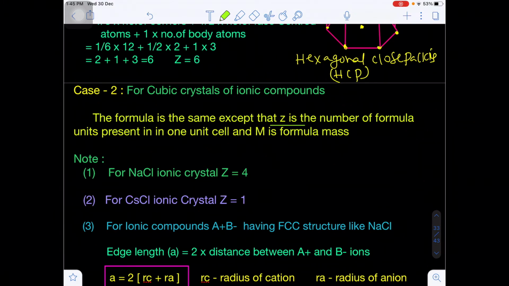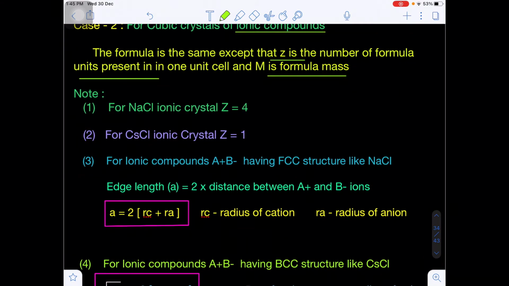Here Z corresponds to the number of formula units present in 1 unit cell, and M is the molar mass corresponding to the formula mass. This is very important regarding the unit cell density of ionic compounds.